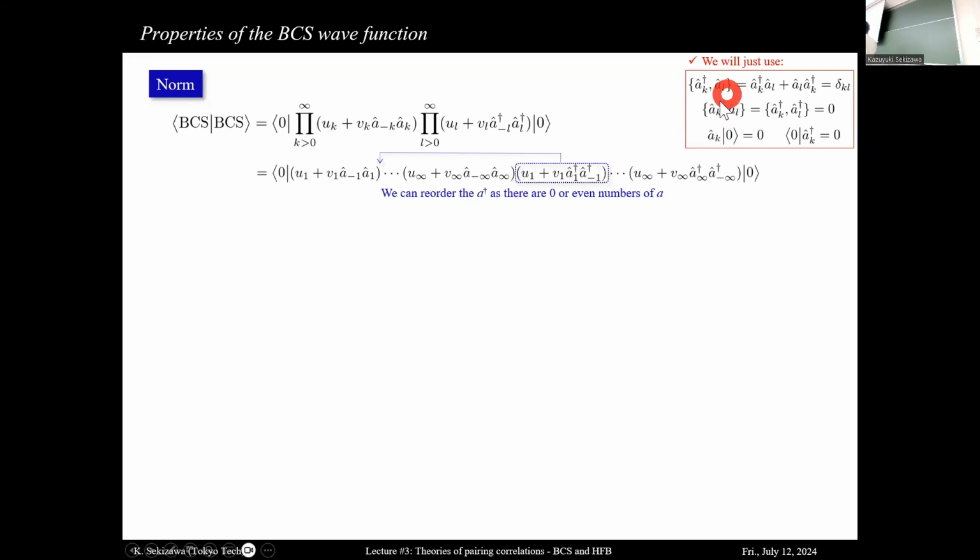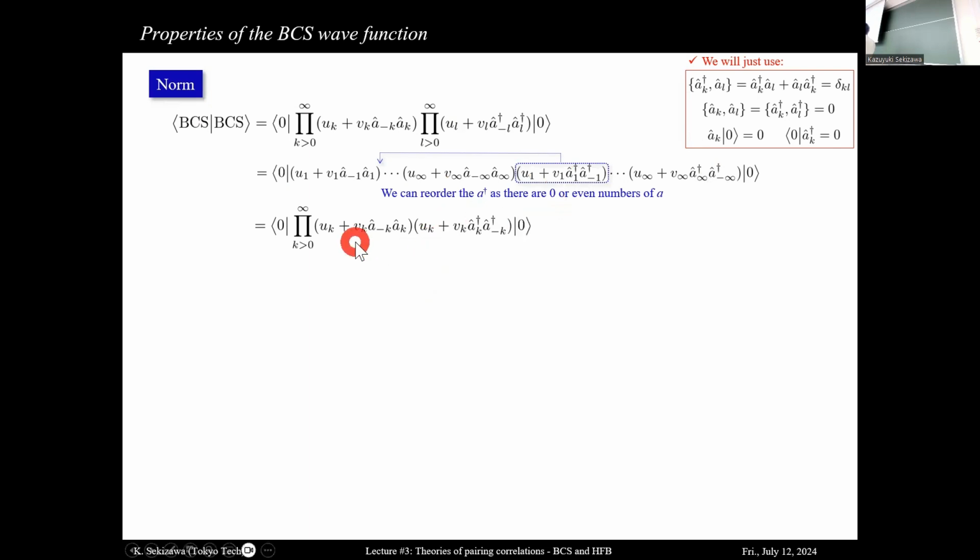They have different indices and anti-commute to each other, and since there are an even number of operators, there always appear 2 minus signs or 0 minus signs, so plus is the result. So we can freely reorder those terms from here to here. If you do this for all the terms, you can rewrite this equation up to here. This is just the rewritten form.